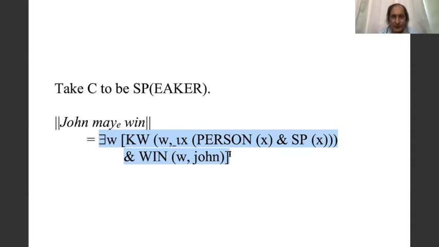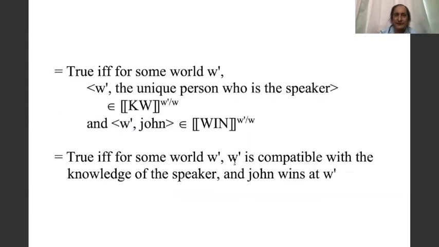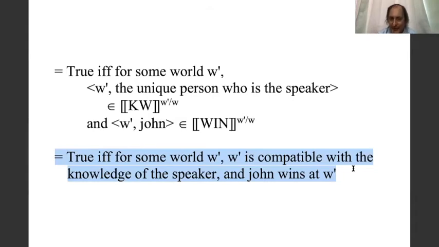And in that world, John wins. Okay, like I said, I'm not going to go through the details of the interpretation here, but I'll give you the consequence at the end. The sentence is true if and only if for some world W prime is compatible with the knowledge of the speaker, and John wins at W prime.